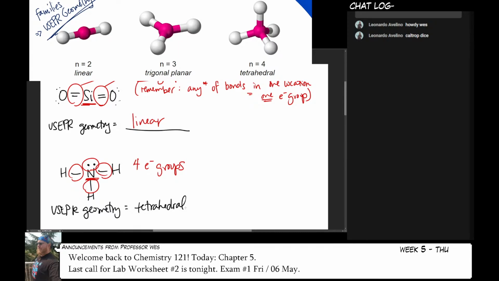So if I really wanted to draw ammonia, what I would do is I would put the nitrogen in the middle. That would be the pink atom. And then I would have something going out to the side here. Something coming to the front. Something sort of going to the back here. And then in the other position, I do that. And so that should look like my molecule right up here in this diagram.